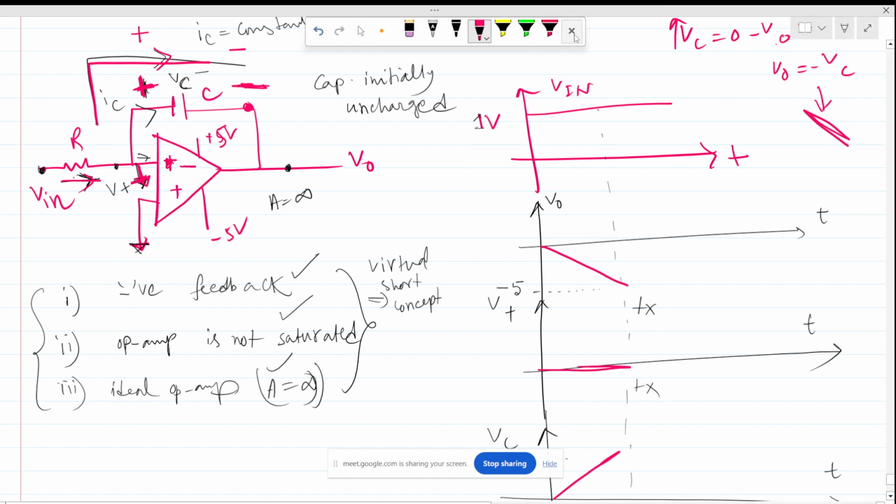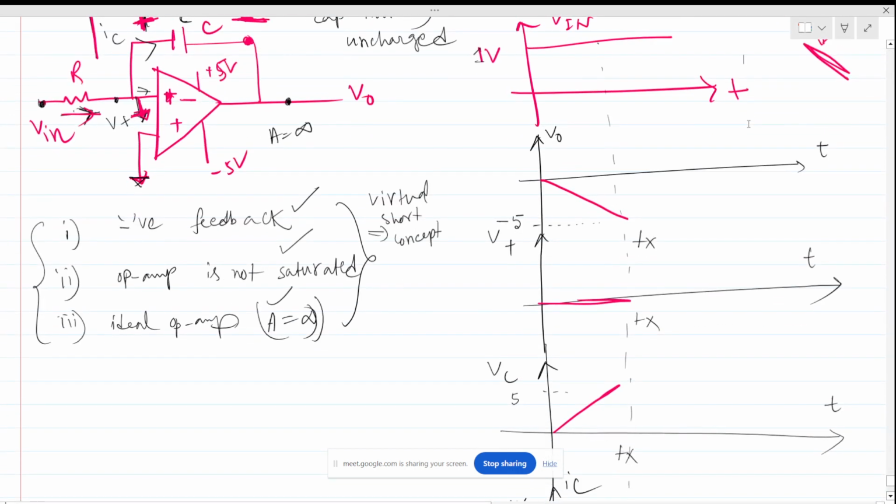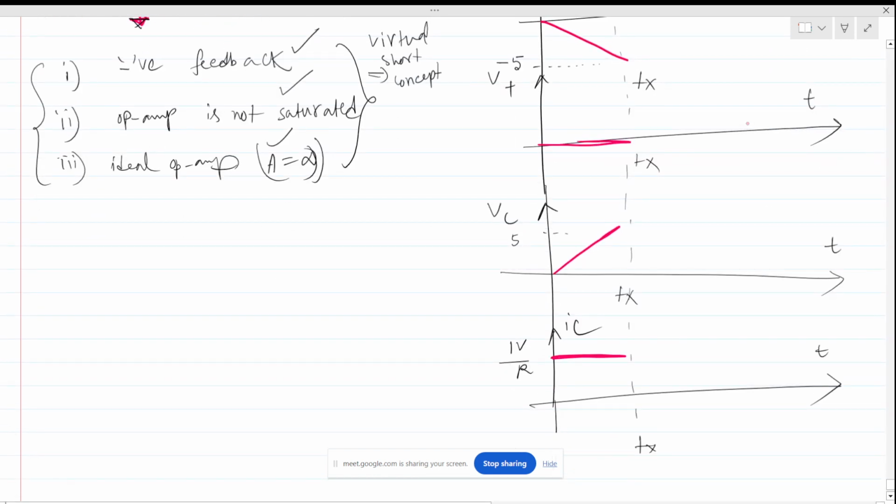Okay. So how much can the output go? It can go negative, maximum 5, minus 5, right? Then the VC at Tx will be plus 5, right?